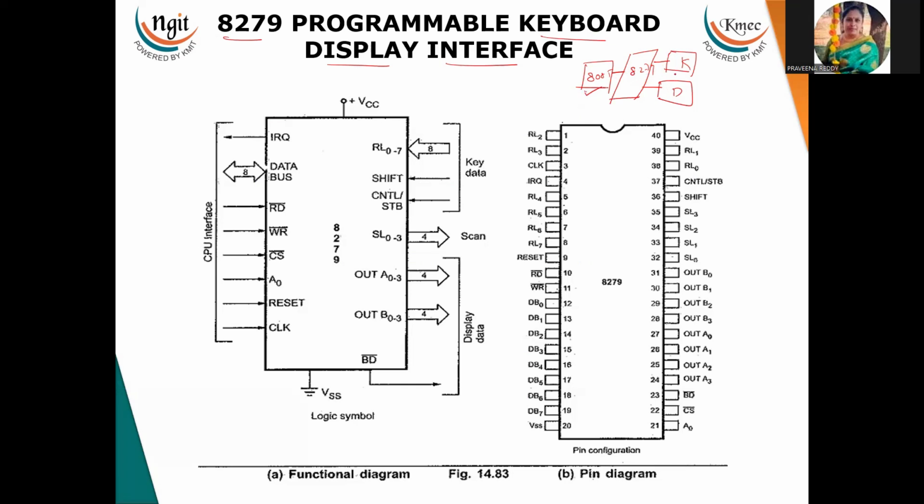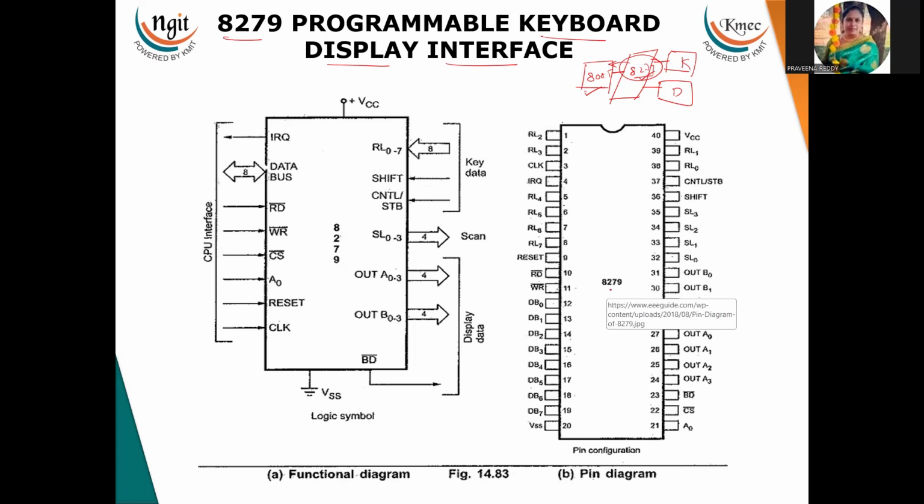Automatically, whenever a key is pressed, the 8279 itself generates an interrupt signal to the 8085. If the microprocessor is free, then it will read the data from the 8279, avoiding the execution of software instructions by connecting the 8279 to the 8085.